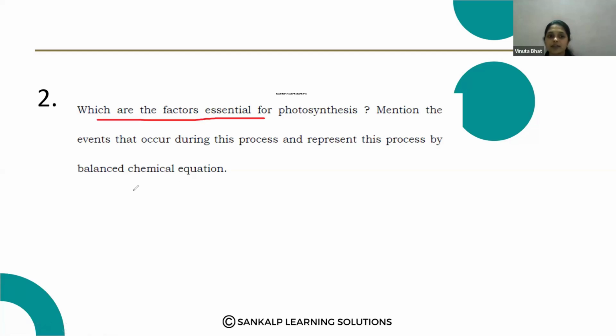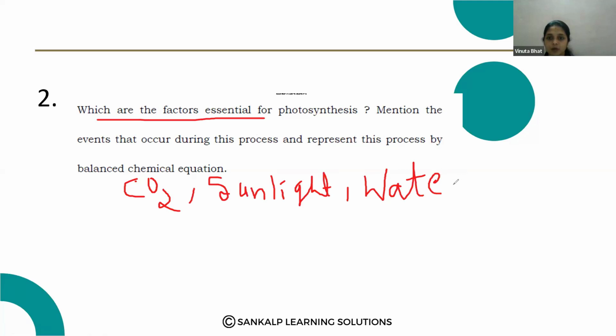The factors essential are carbon dioxide, sunlight, water and minerals, and the chlorophyll pigment that is present inside the leaves of the plant. So these are the factors essential for photosynthesis.